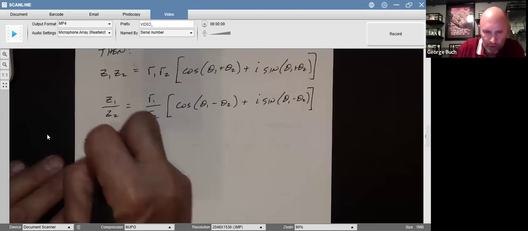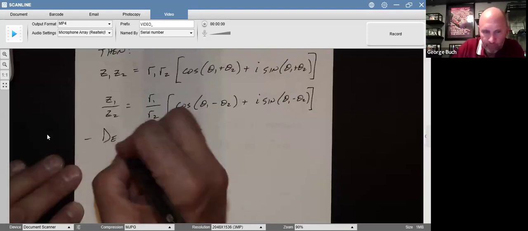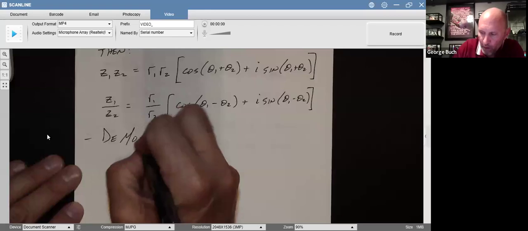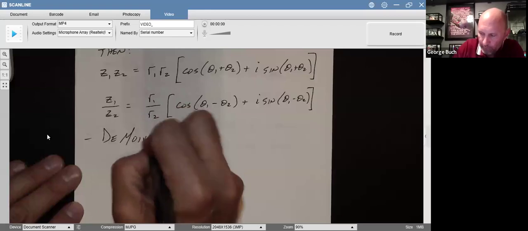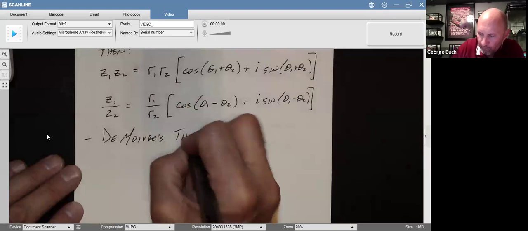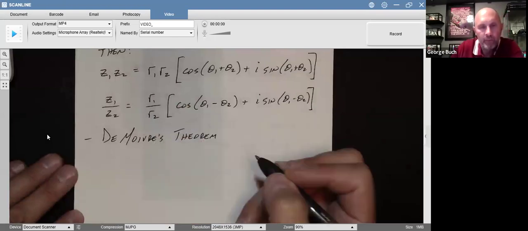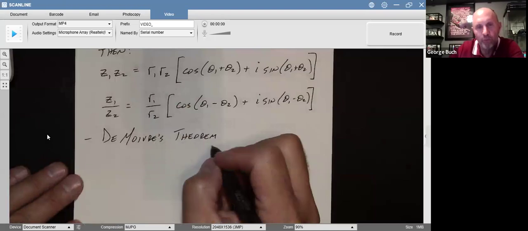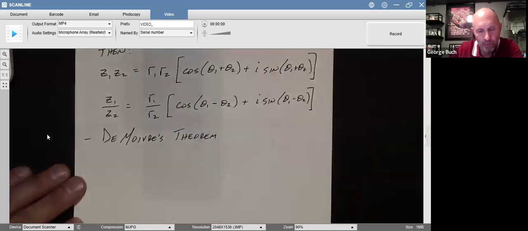But the last thing we're going to talk about is what's called DeMoivre's theorem. And this is when we have a complex number raised to an exponent.